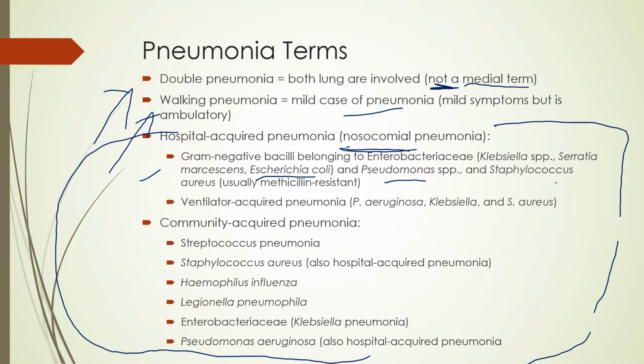So let's say you are immunocompromised. You have a higher chance of getting a hospital-acquired pneumonia while in the hospital if there's some sort of cross-contamination going on. So hospital-acquired pneumonia, HACs or HAPs, happened while you were in the hospital. You didn't have it previously.